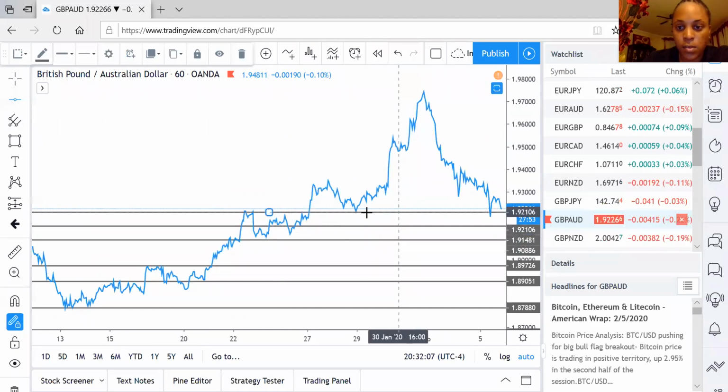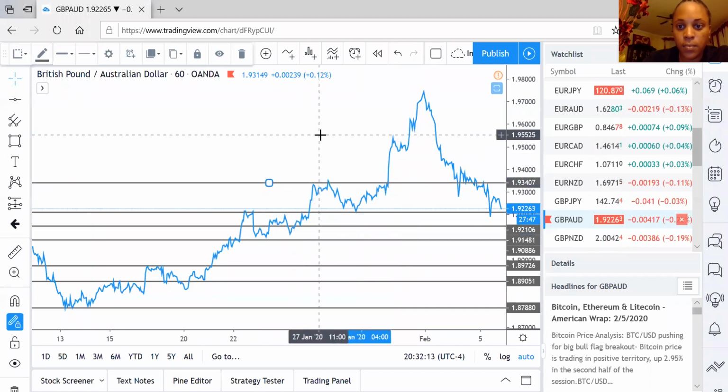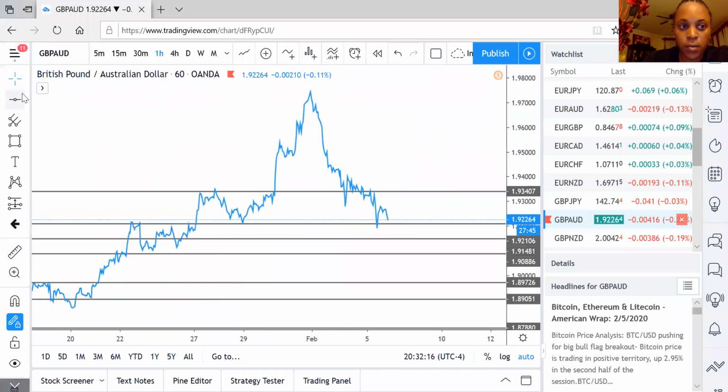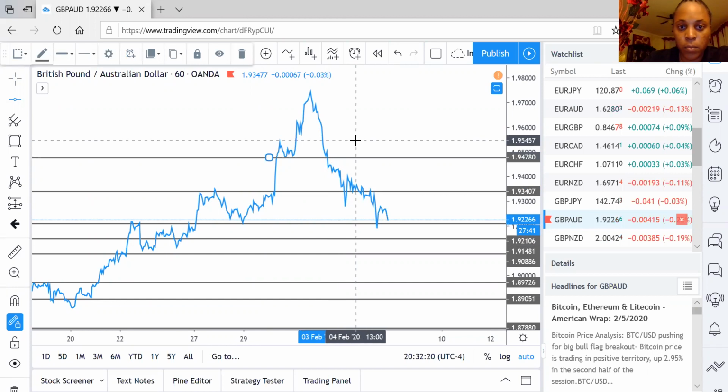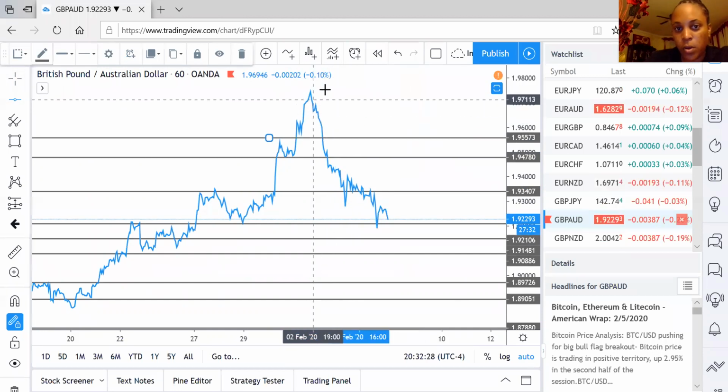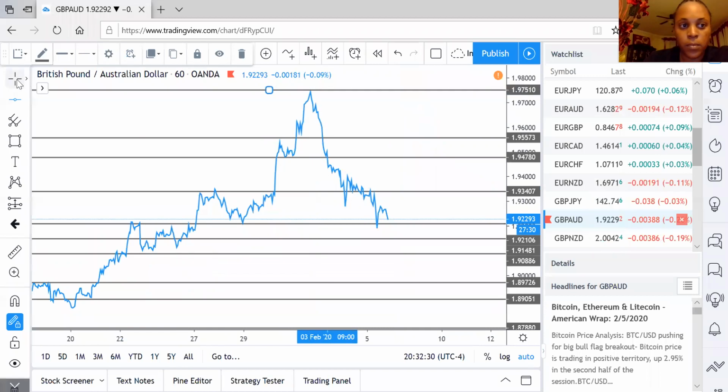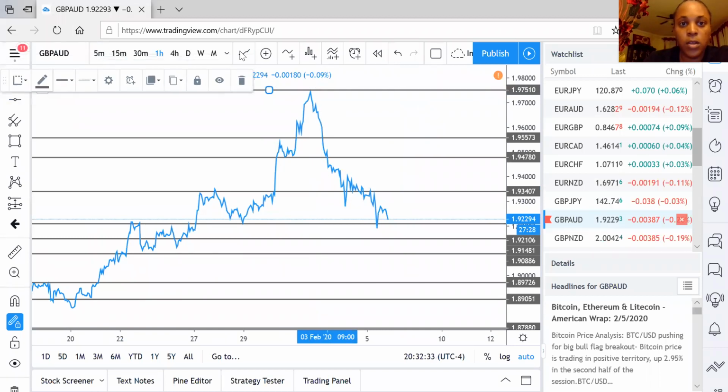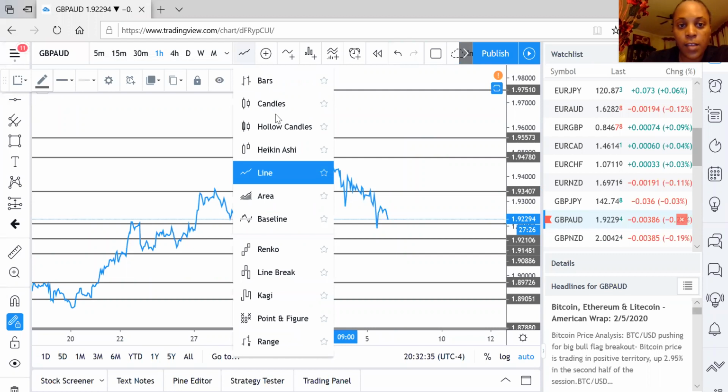The obvious ones, take them out, identify them, and follow the market. I don't like this one because I can't see a support in here, so I'm just going to go for the top. You don't have to force it. Now I'm going to change it back to candles.